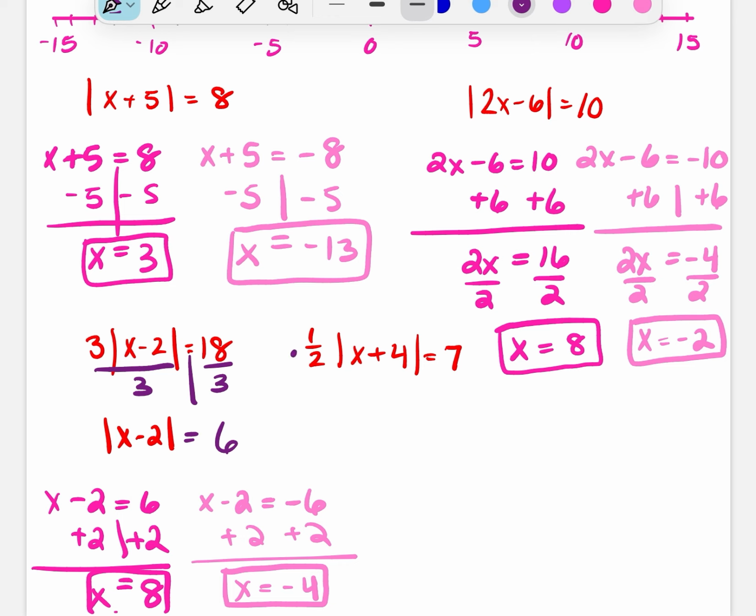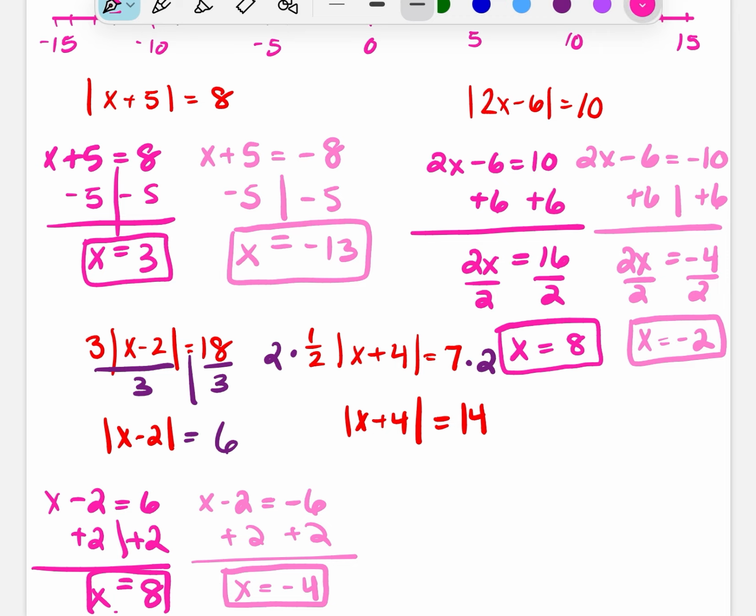So I'm going to multiply both sides by 2. 2 times 1/2 is 1. 1 times anything is whatever that thing is. So 2 and 1/2 are multiplicative inverses. And so I'm left with x plus 4, not in parentheses, in absolute value bars, is equal to 7 times 2 is 14.